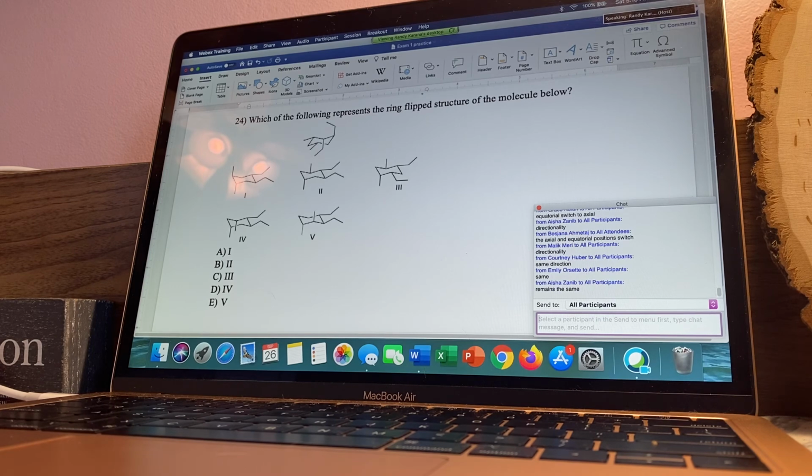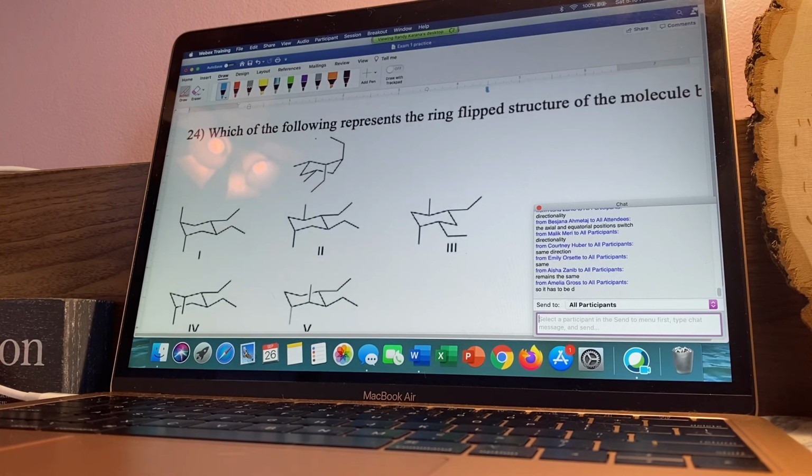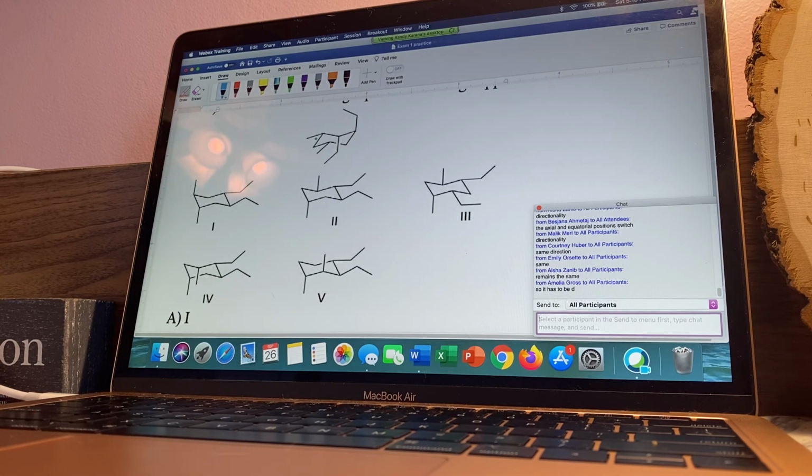So the biggest one is directionality. You can start crossing a lot of them off with just directionality alone. So if I have this guy, let me zoom in a little bit because you already know the answers. There's 1, 2, 3, 4, 5. So I have a methyl group going down, a methyl group.